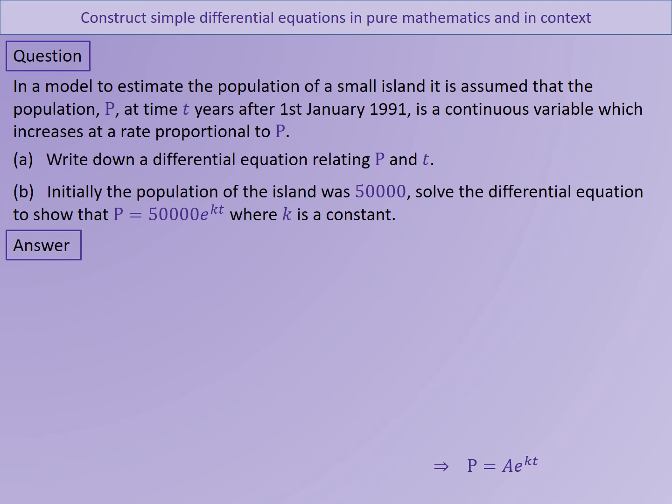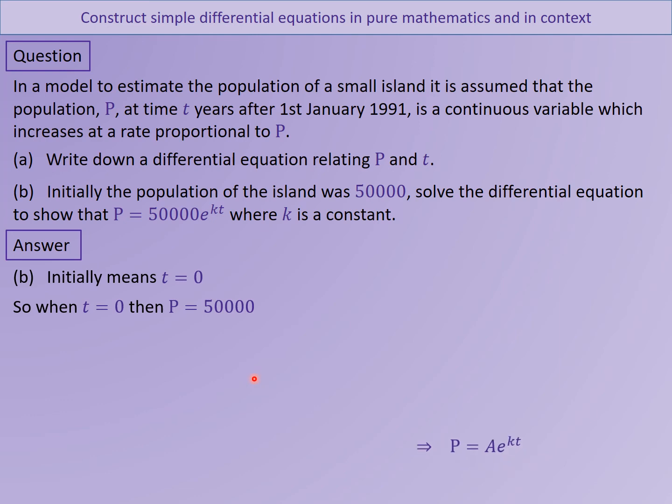So if the initial value is 50,000, the t value is going to equal 0. I've got two bits of information, a P value and a t value, so I'm going to substitute both of those in. Hopefully it's going to sort out one of the constants.